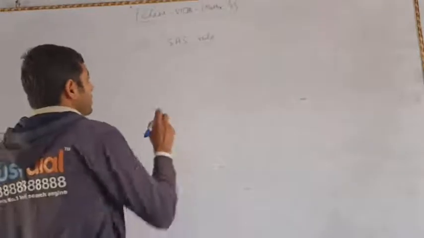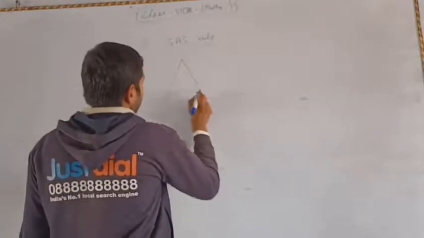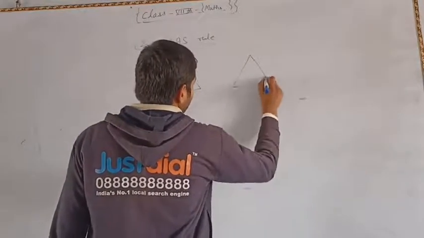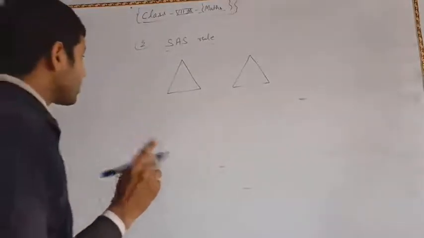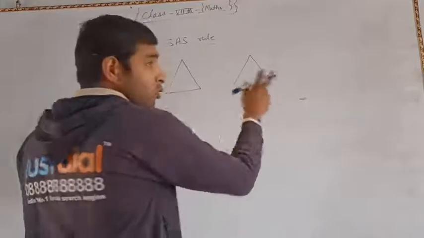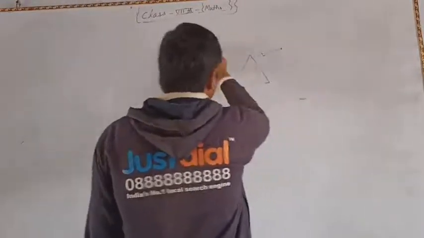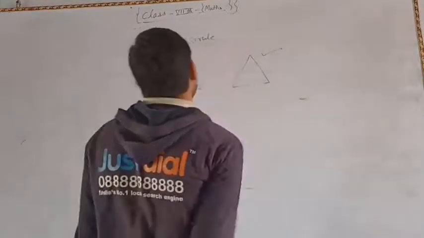If in any two figures two sides and one angle of the first figure are the same as those of the second figure, then this rule follows, the side angle side congruency rule.